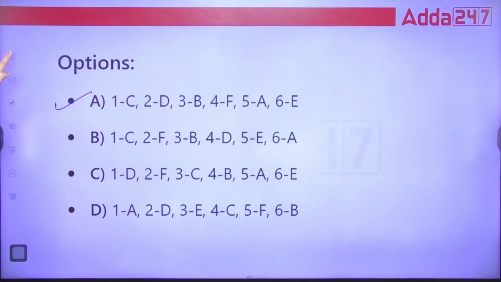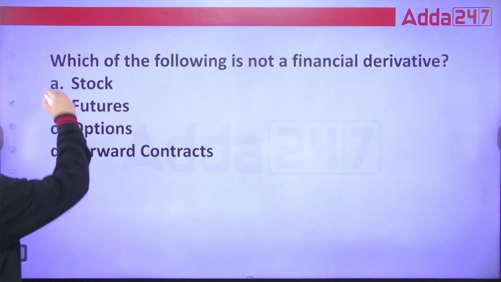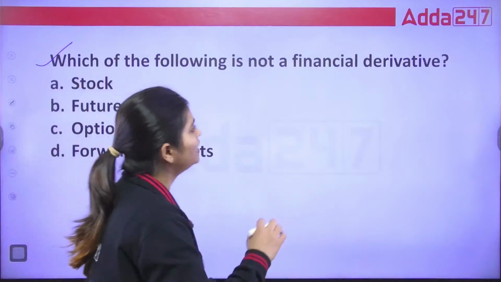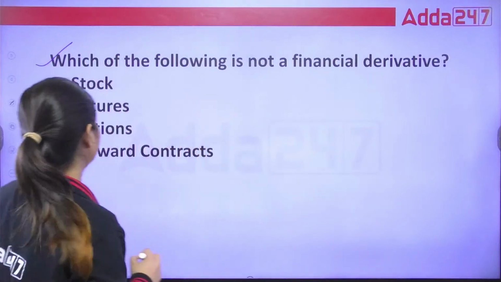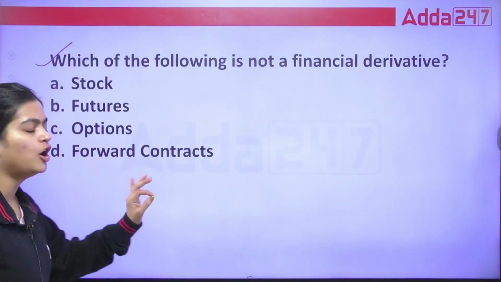Next question says, which of the following is not a financial derivative? Option A, stock. B, futures. C, options. D, forward contracts.